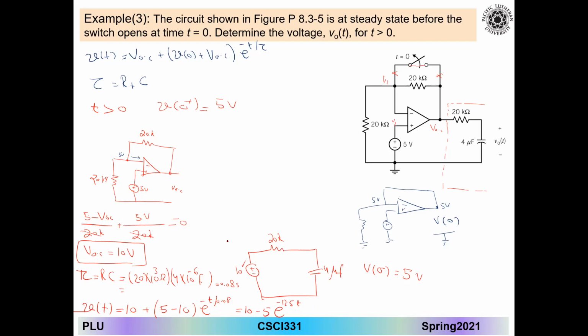So this is our final voltage in the capacitor in that circuit. Again, any circuit that has an operational amplifier is easy to solve. The op amps give me more flexibility. It's not that hard to find.